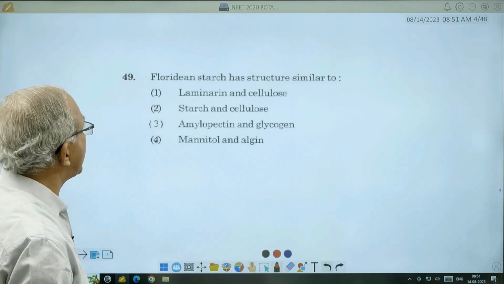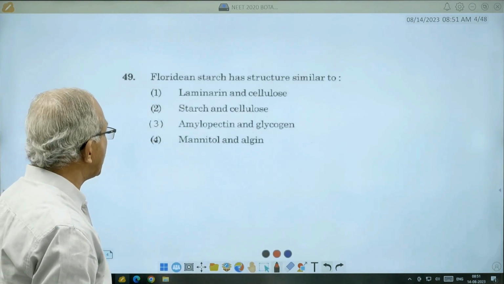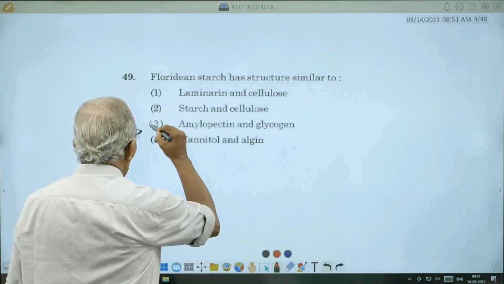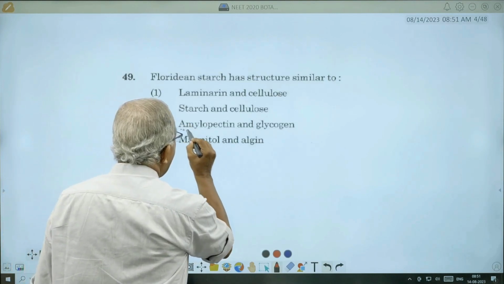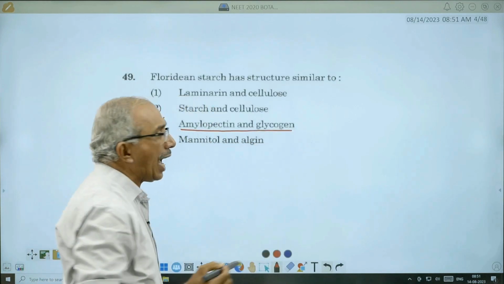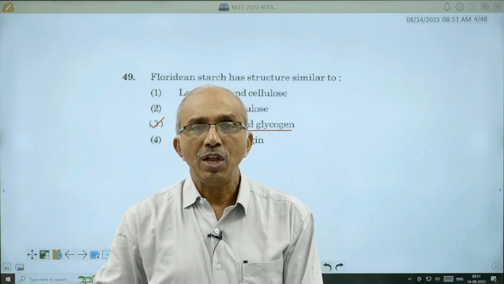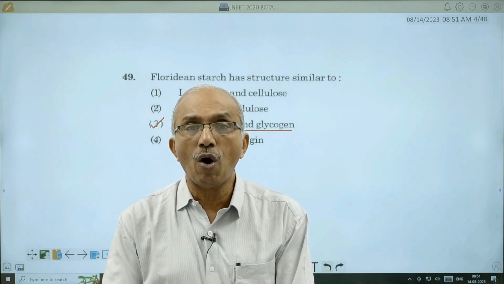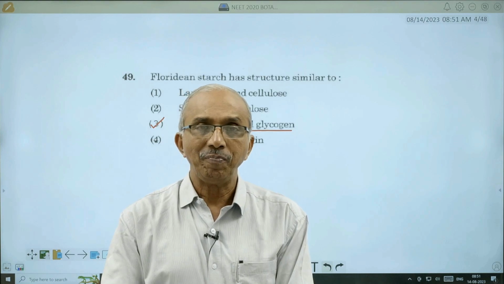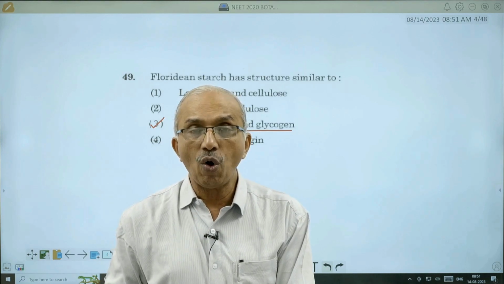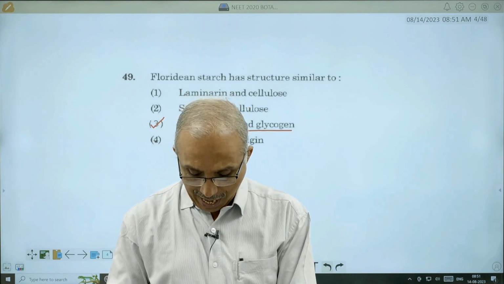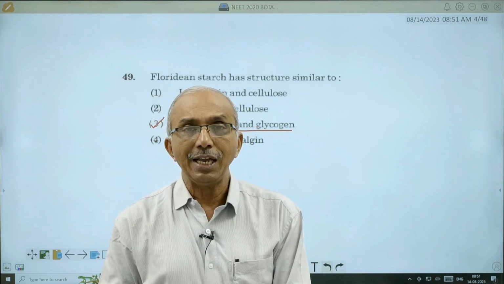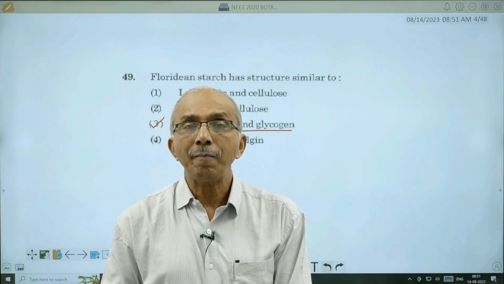Floridian starch has structure similar to amylopectin and glycogen. Floridian starch is the reserve food material of Rhodophyceae, and it shows similarity with amylopectin.